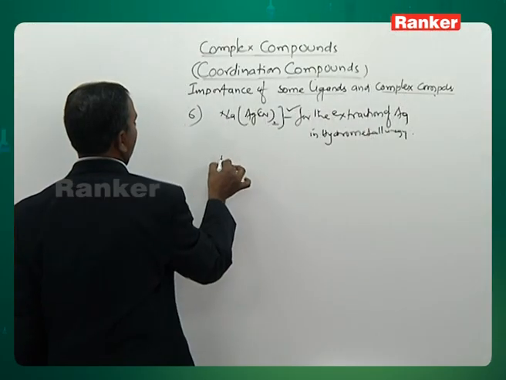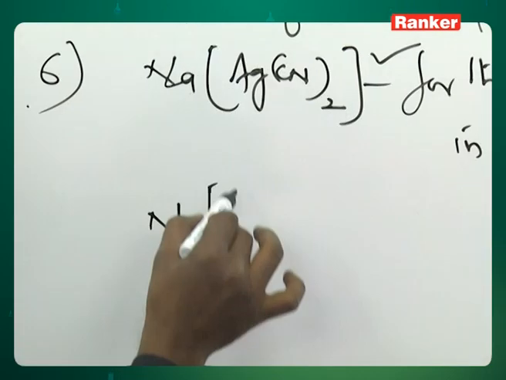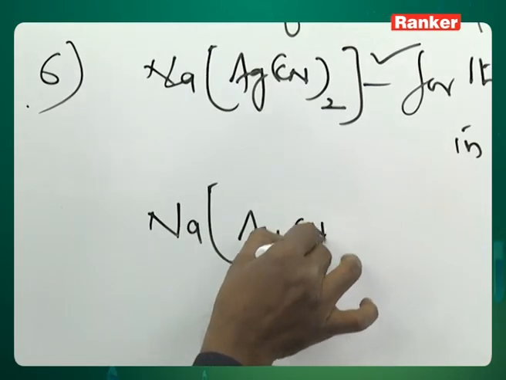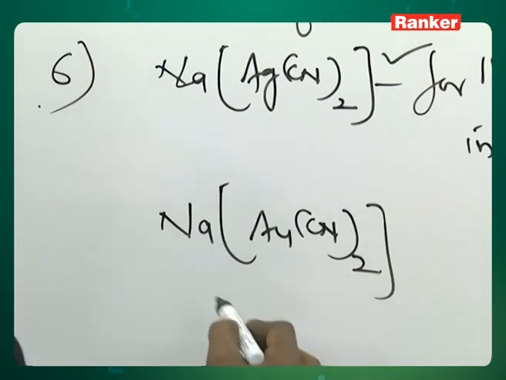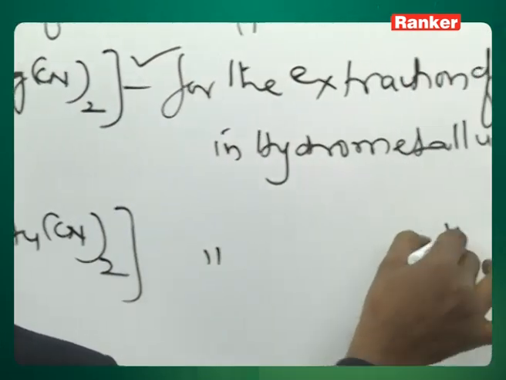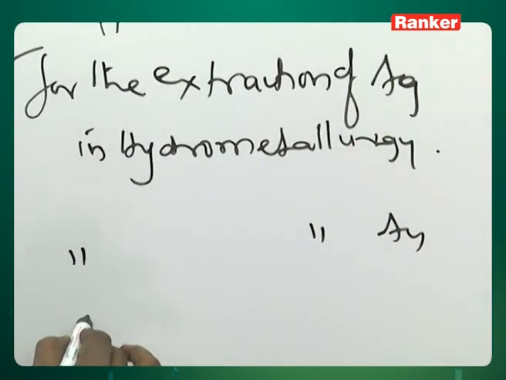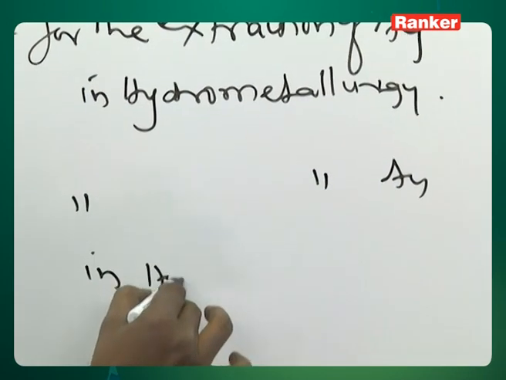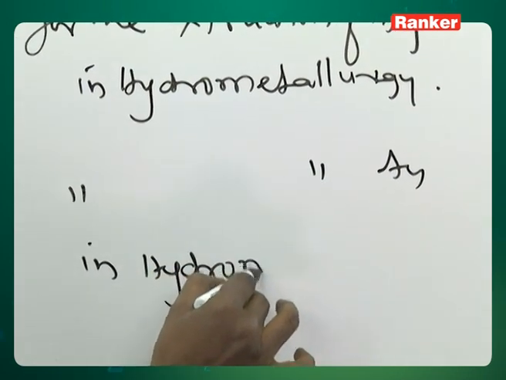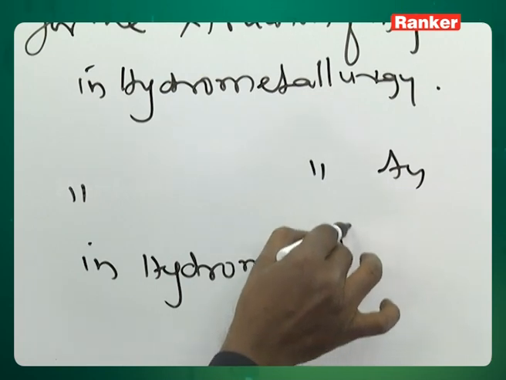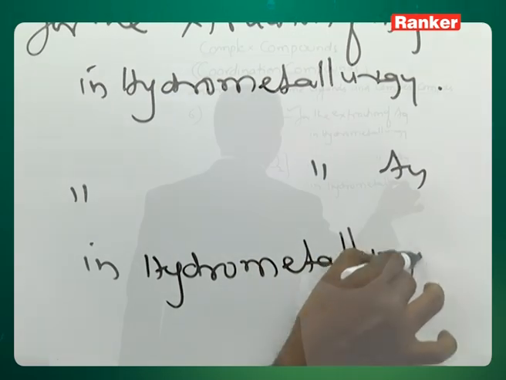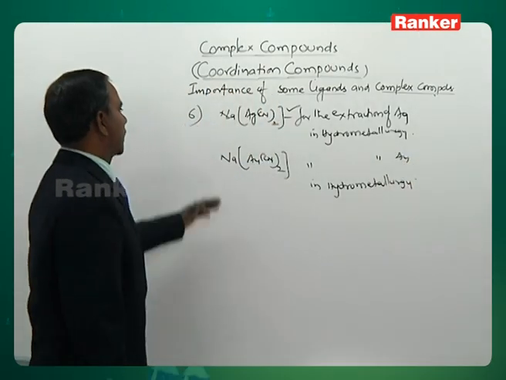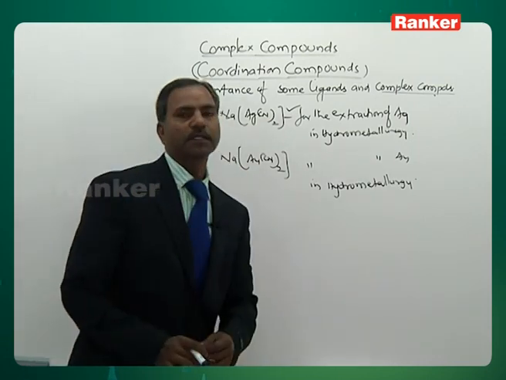Similarly, for the extraction of gold also, the same type of complex is used. In hydrometallurgy, for the extraction of silver and gold, these are the complexes we use.